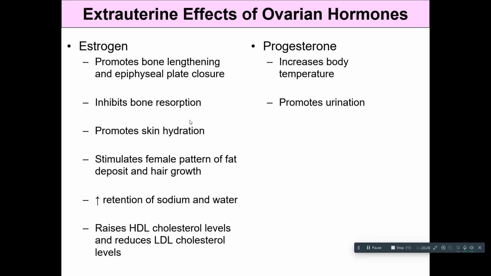So estrogen inhibits osteoclasts. This is why a menopausal woman would start to be at greater and greater risk of osteoporosis. Plus, estrogen promotes hydration of the skin, female pattern of fat deposit and hair growth, retention of sodium and water, raising the good HDL cholesterol, and lowering the bad LDL cholesterol. Meanwhile, progesterone raises body temp and promotes urination.